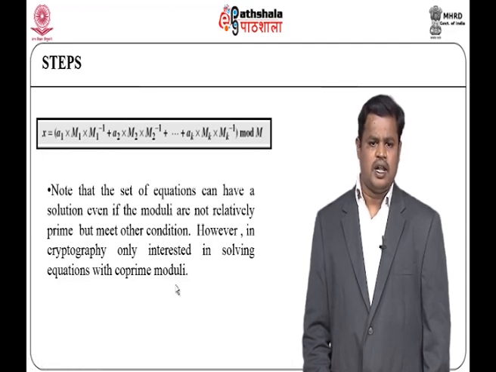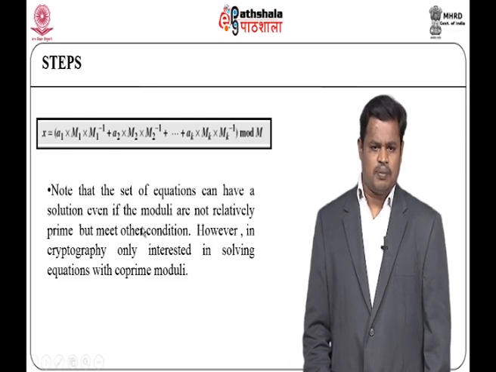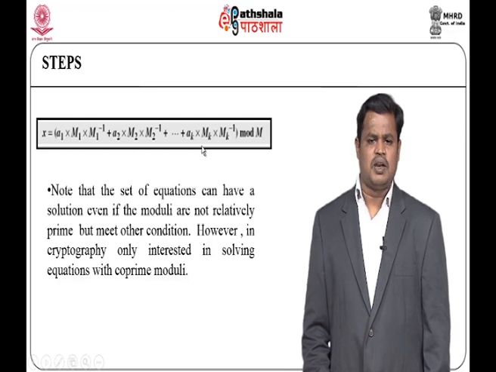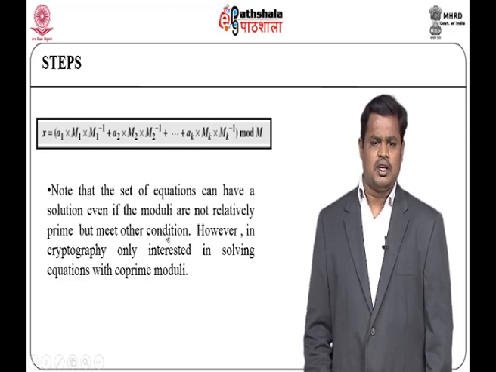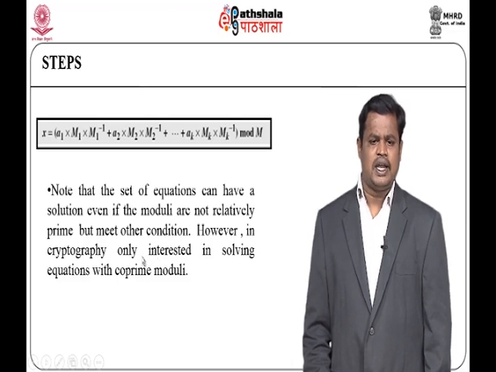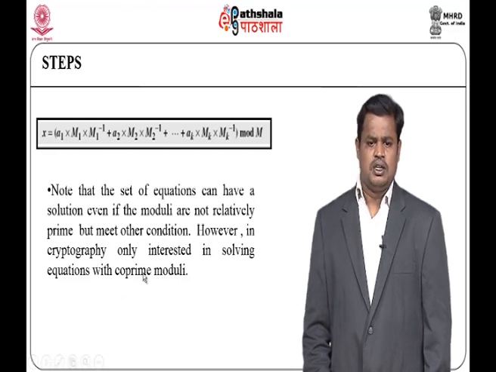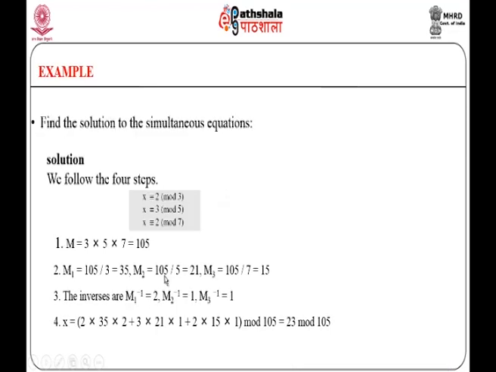It is not necessary; even if the condition is not met, this equation will also work for some other values. But in the field of cryptography, when I want to work with CRT, definitely I should make sure that all the moduli are co-prime to each other, relatively prime moduli. So, now we will find the solution for the particular example.